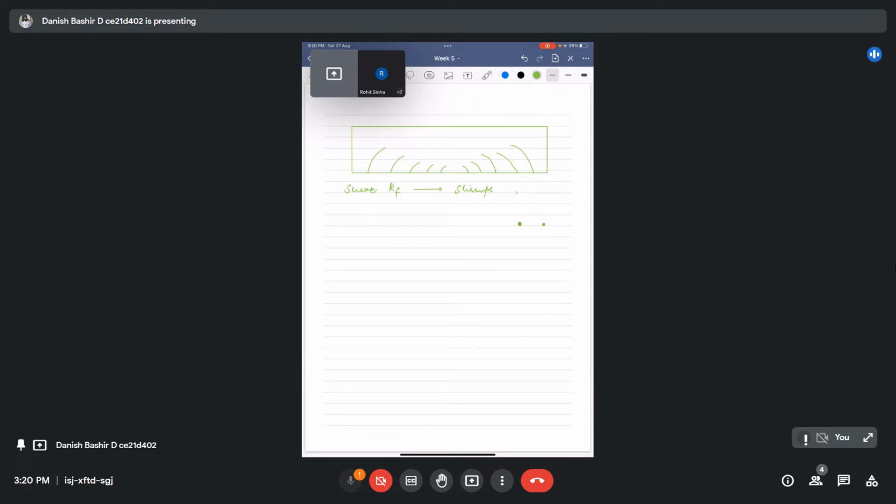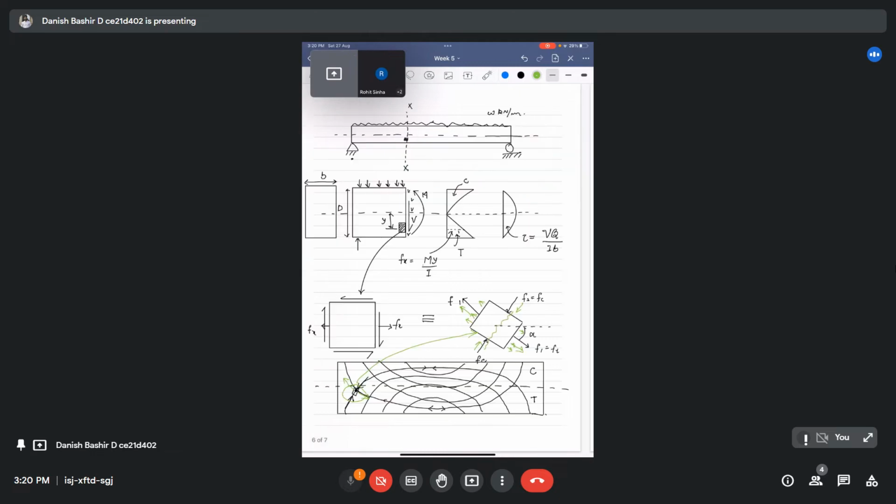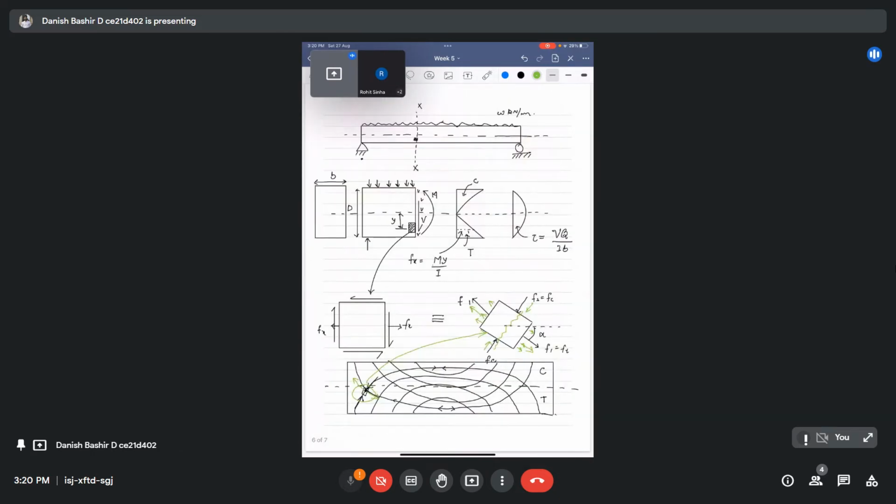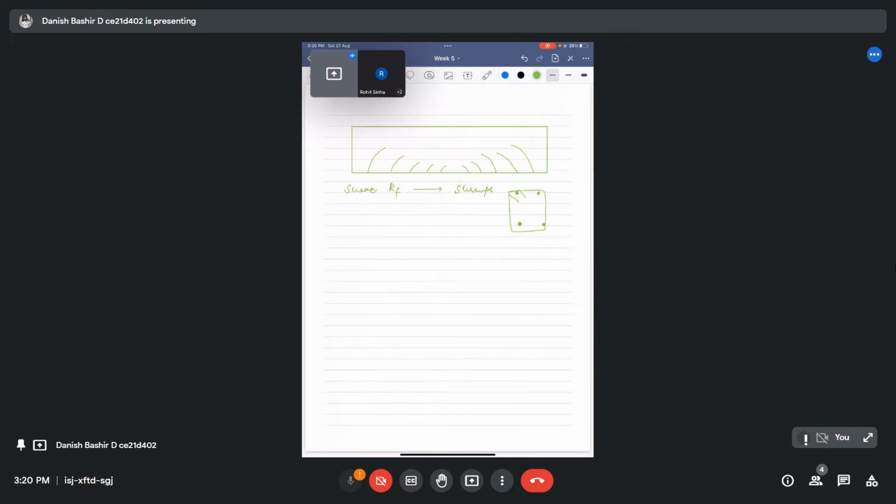We provide the stirrup reinforcement like this to give our beam section resistance against the shear. So here you got the brief idea about the stresses coming on our beam and why we require shear reinforcement.